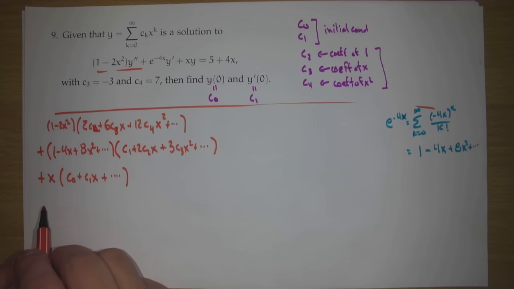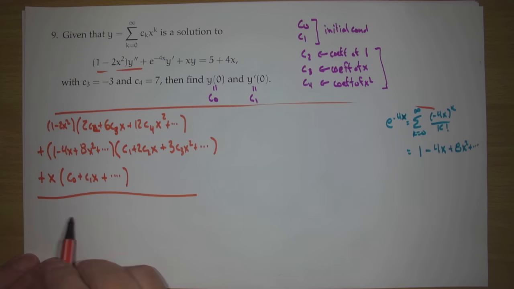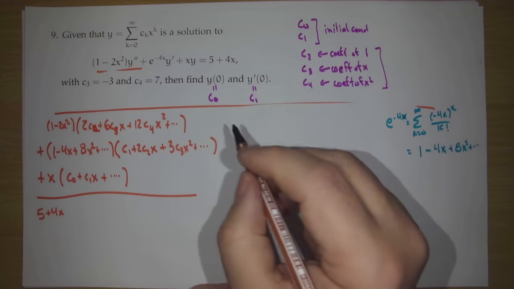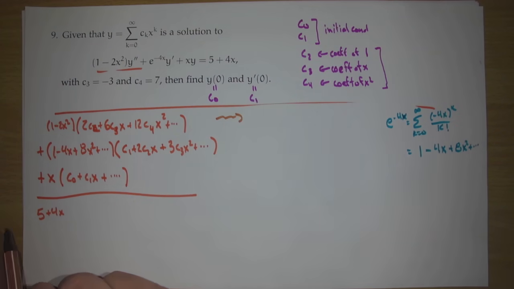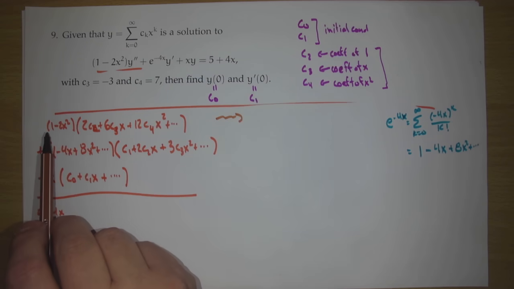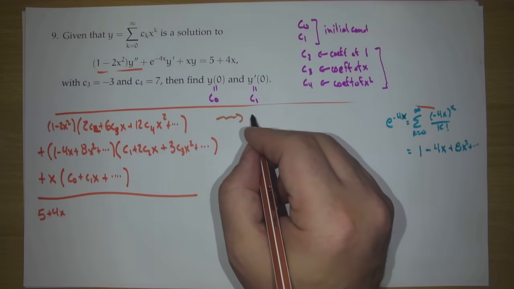And all of that, when we tally it up, is going to equal 5 plus 4x. All right. Well, let's gather our constants here. So from the first part, our constant term would be 2c2.